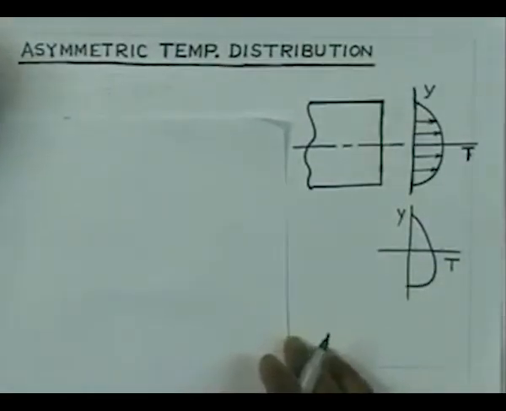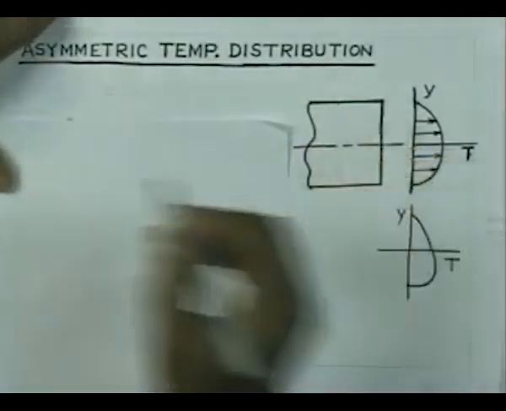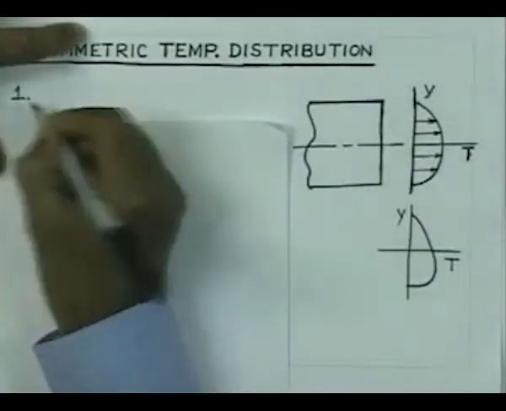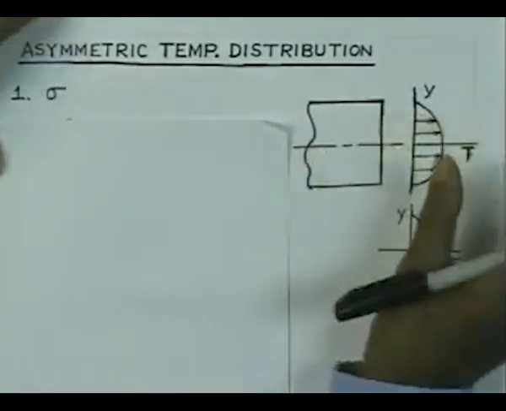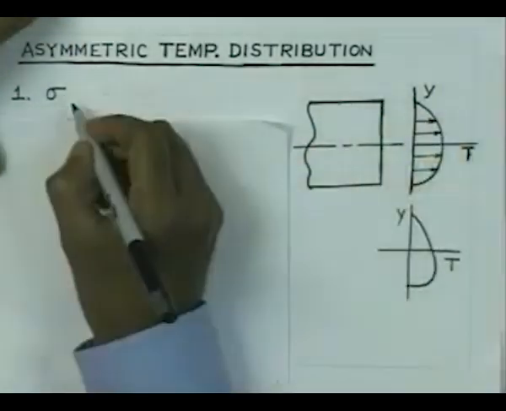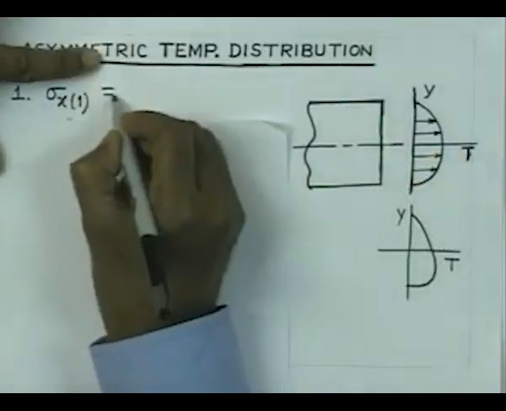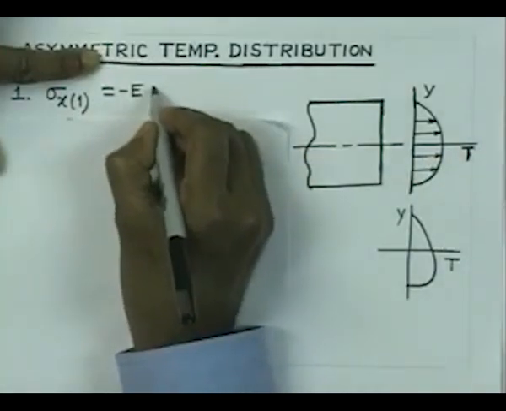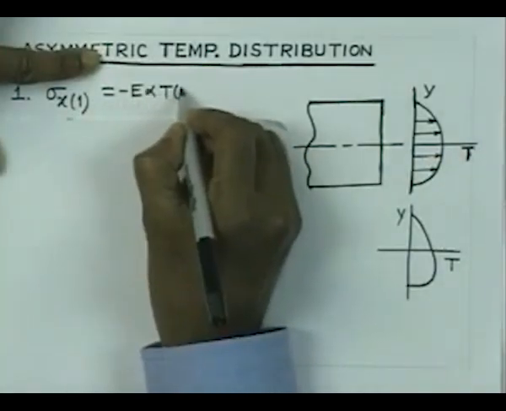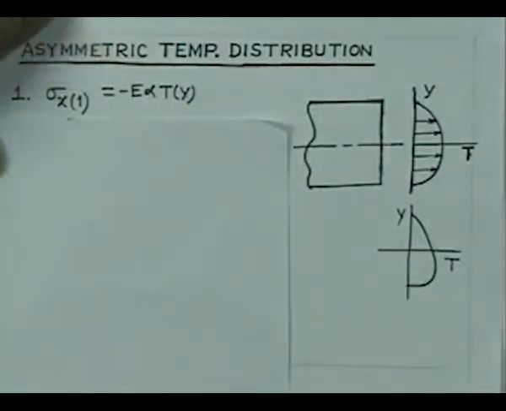As usual, first of all, we try to allow the free expansion of each of the fibers. If we allow the free expansion, there won't be stresses. If we prevent the expansion, there will be compressive stresses. So, we indicate as usual by minus E alpha Ty. So, by preventing the expansion, we get that stress.